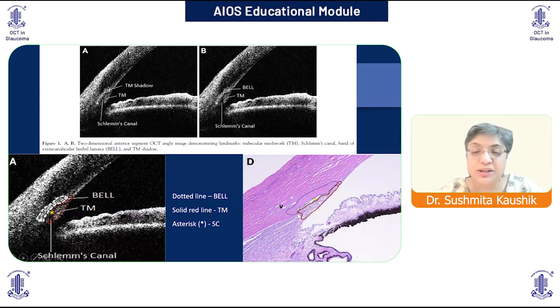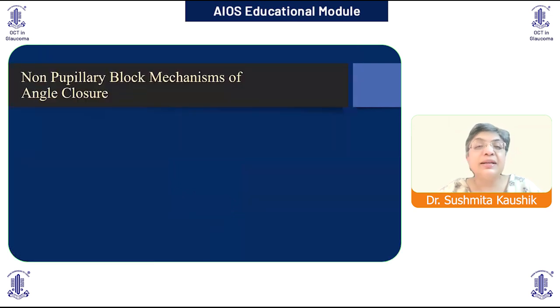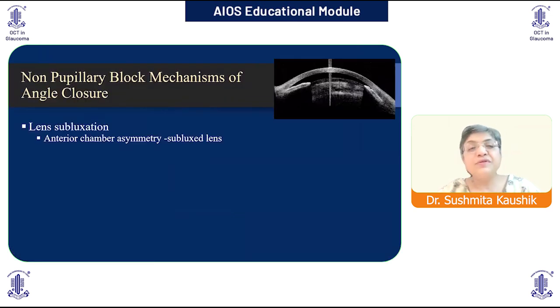This is a histological section. So if you can identify the BELL, the trabecular meshwork, and between them lies the Schlemm's canal. So this, to my mind, is one really important identification which is possible with the AS-OCT now. So what else does it do? It gives us non-pupillary block mechanisms of angle closure, like this, for instance.